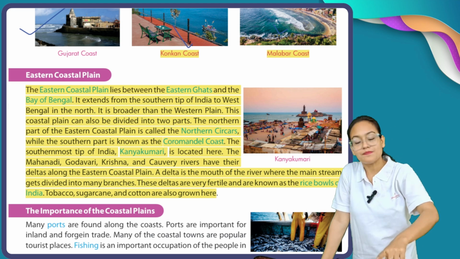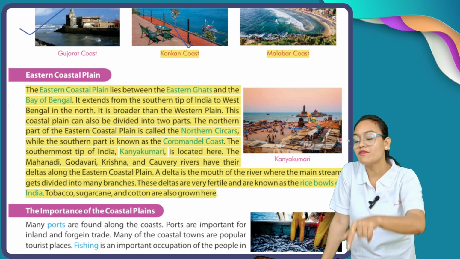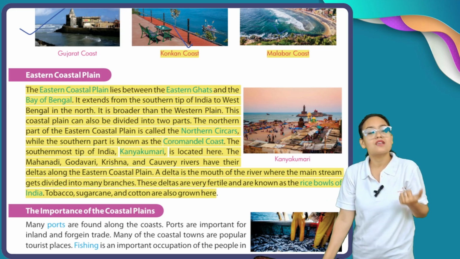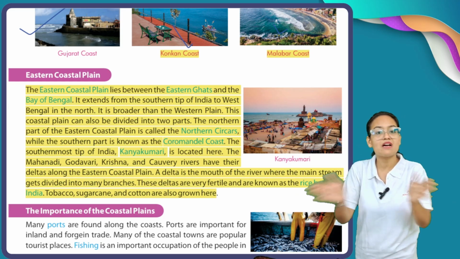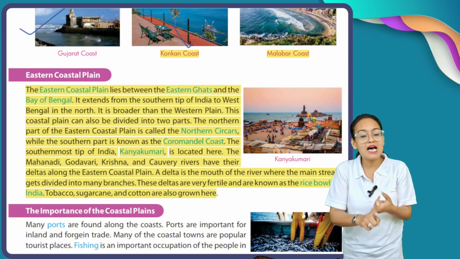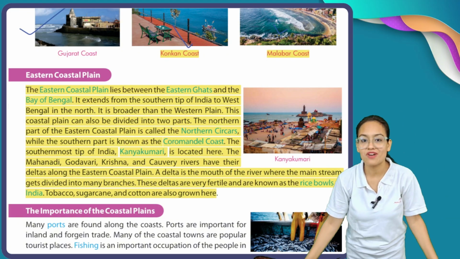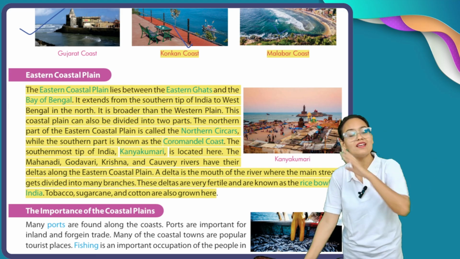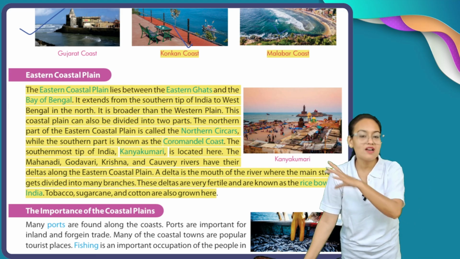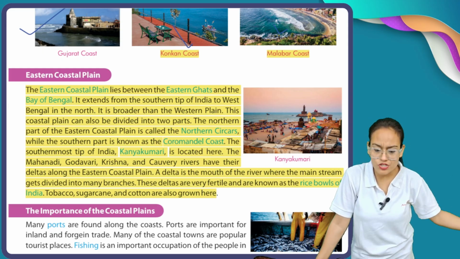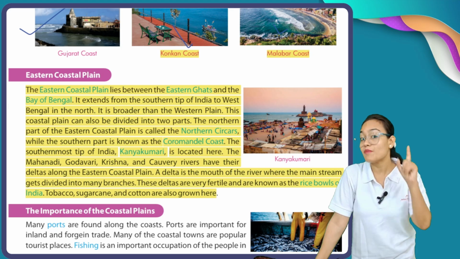They merge and combine into one river, and this one river gives birth to many streams, and finally they dump their water in the Bay of Bengal.